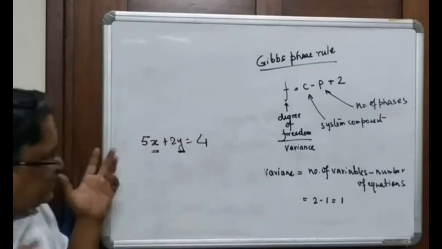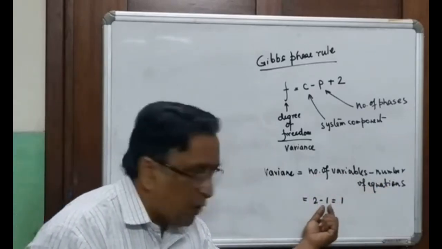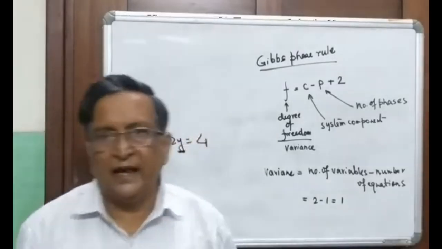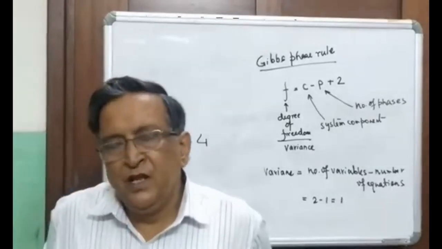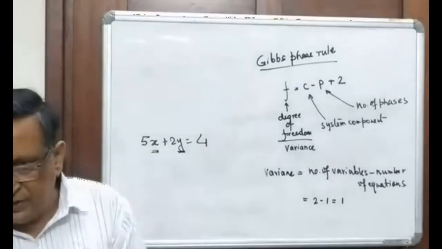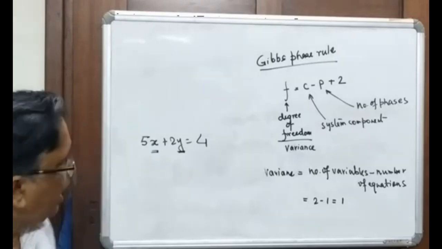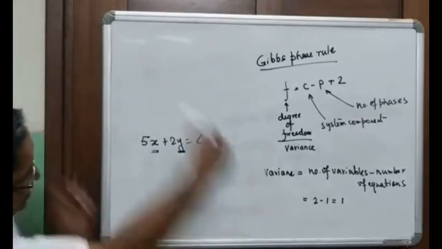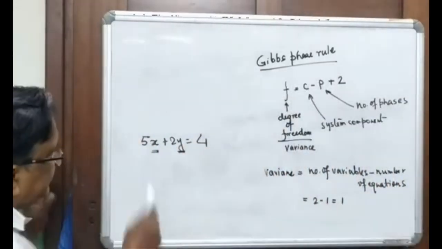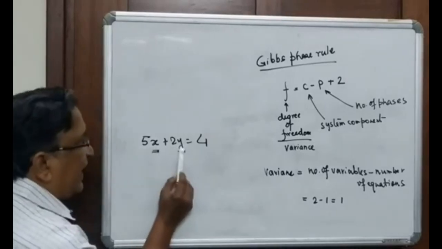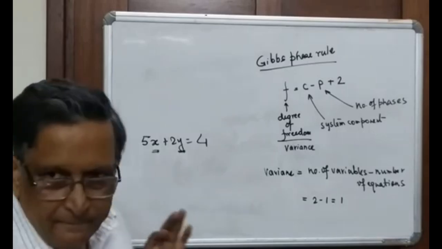If the number of variables are 2, but the number of equations are 1, so you have a difference of 1, that means you need an input data. Have you understood? You need an input data of either x or y to determine the other variable. Either you need a value of x to find y, or you need a value of y to find x.